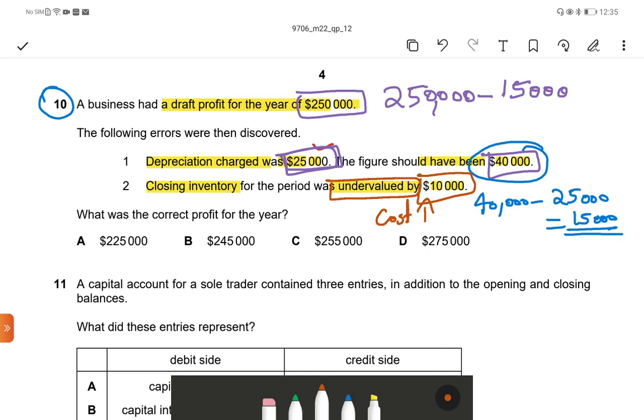So this 10,000 we have to add back, plus 10,000. So the answer is 245,000. Option B is the correct answer.